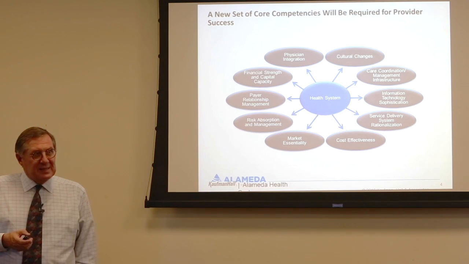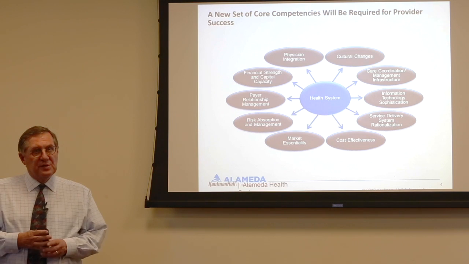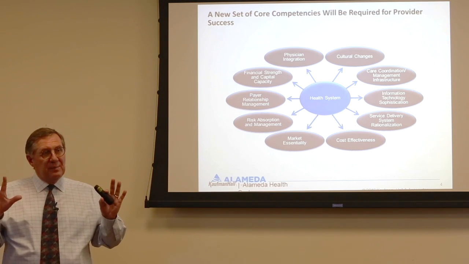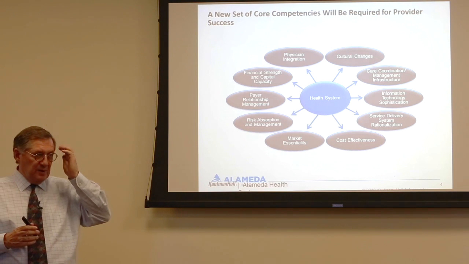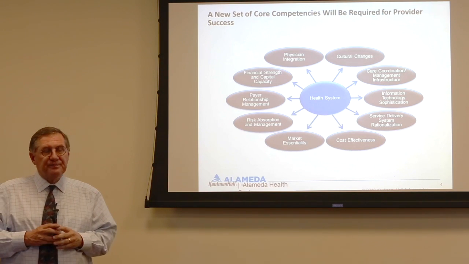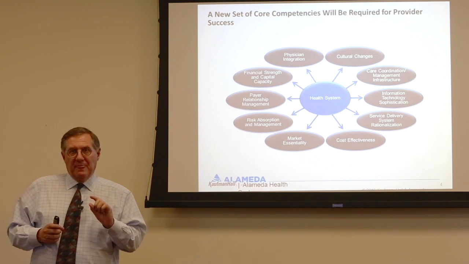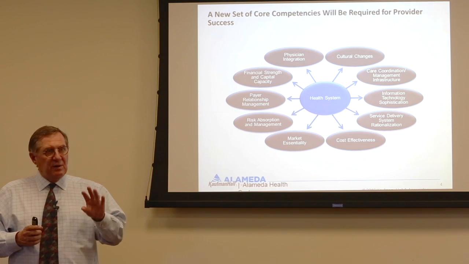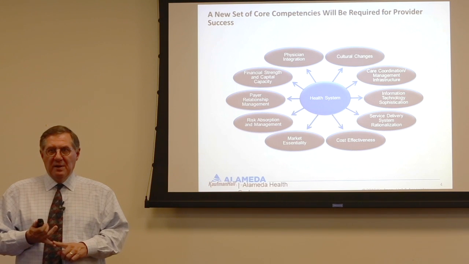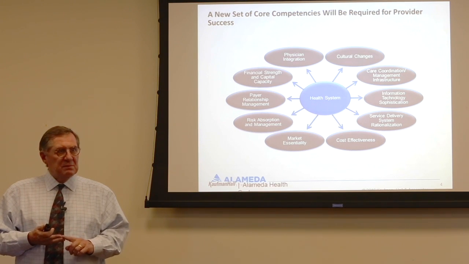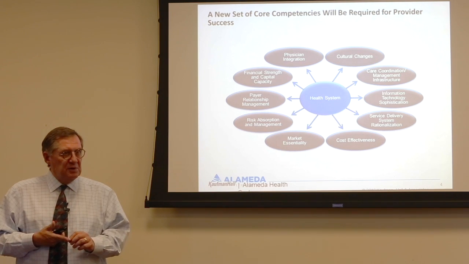Okay, that means if we converted ourselves to a capitated model and we took financial responsibility for 200 to 250,000 lives, we could do predictive modeling, and we could say, based on our use rate, we know how many people need to go to the ED, how many admissions, how many heart surgeries we're going to do, how many joints we're going to do.